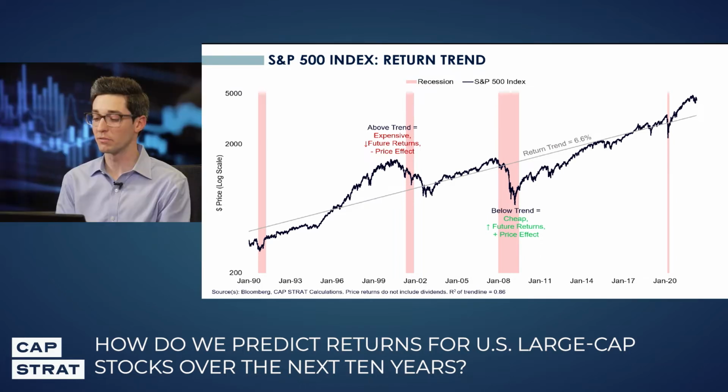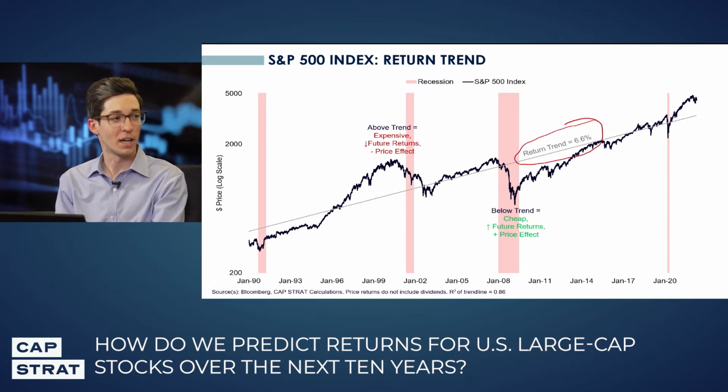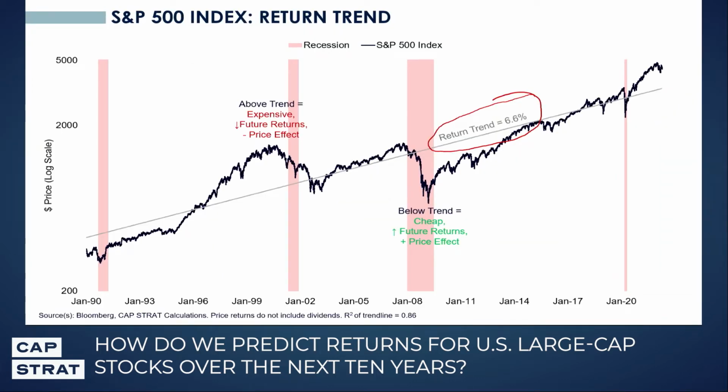And so you can see it flattens out quite a bit. The blue line flattens out. And what it also allows you to do is create a trend line, which is that gray line. And the slope of that trend line is what you call the return trend. So how much is it going up over time? And it's 6.6% annualized. Mm-hmm. That's very useful information. And this is just price returns.